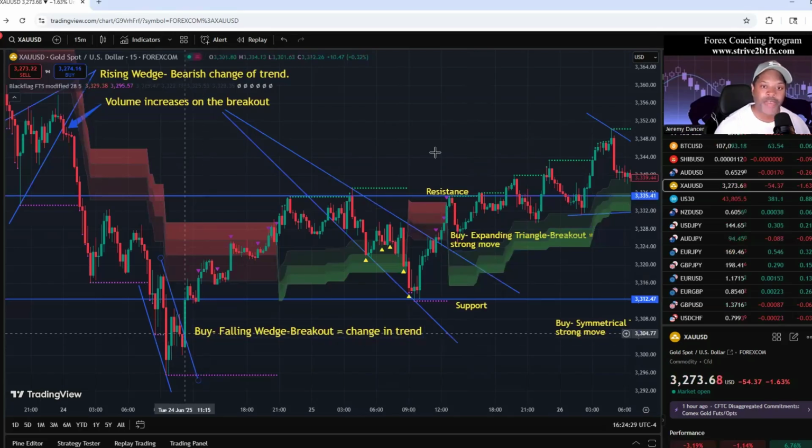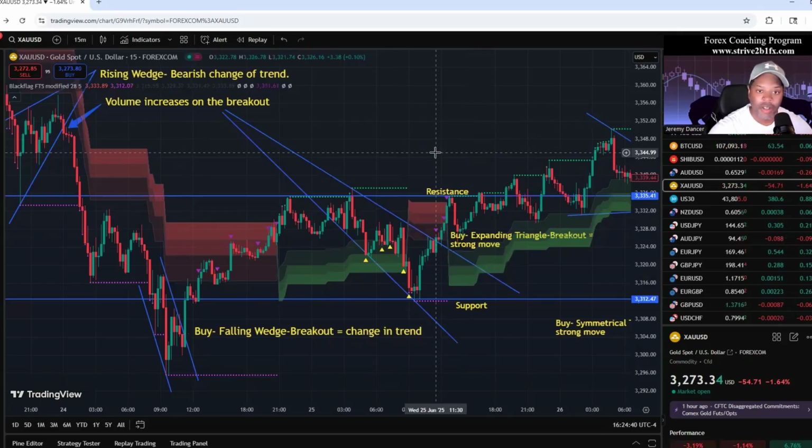So this is really fascinating because when you use these patterns in your trading, you can kind of see the story and you can follow along and have a really good idea as to what is going to happen next.